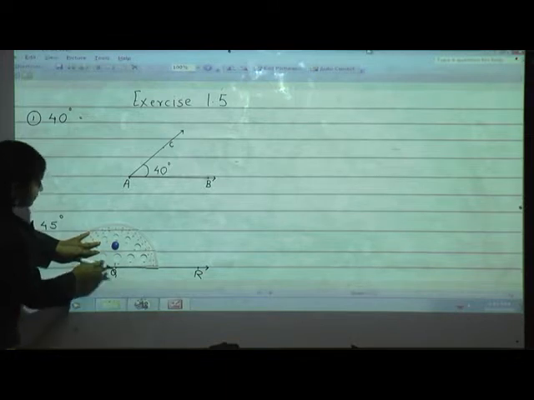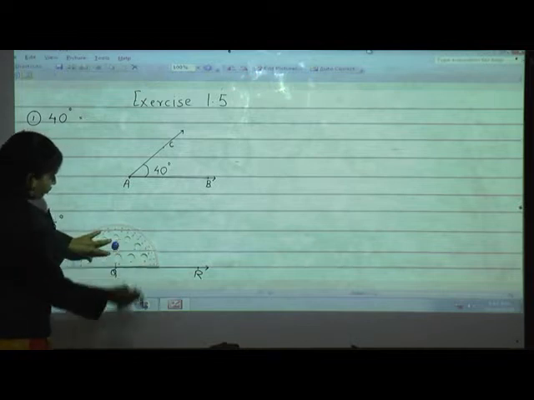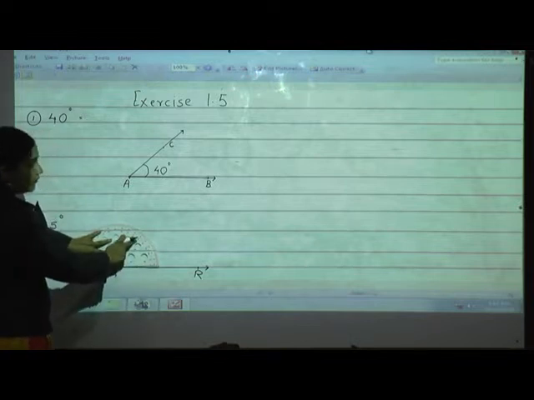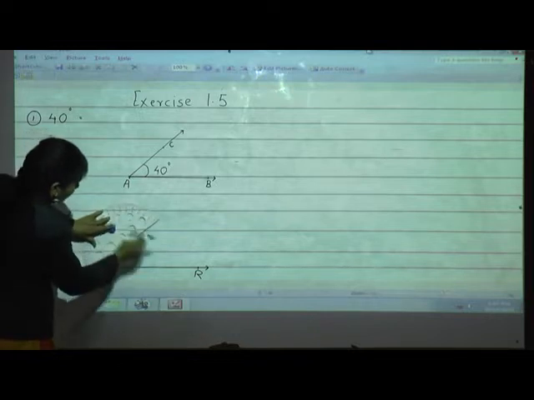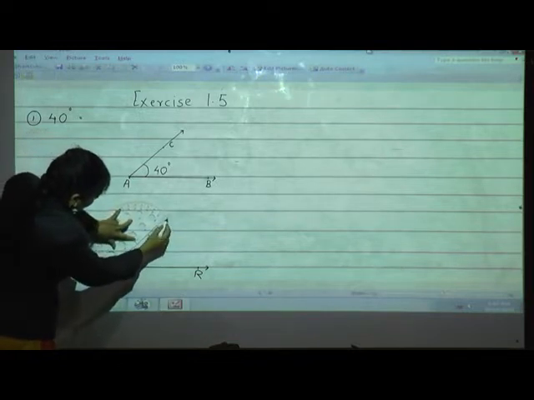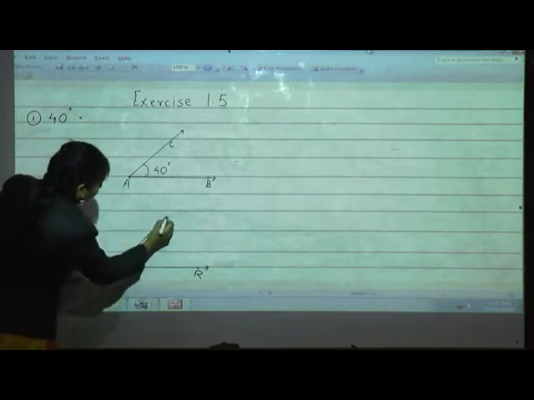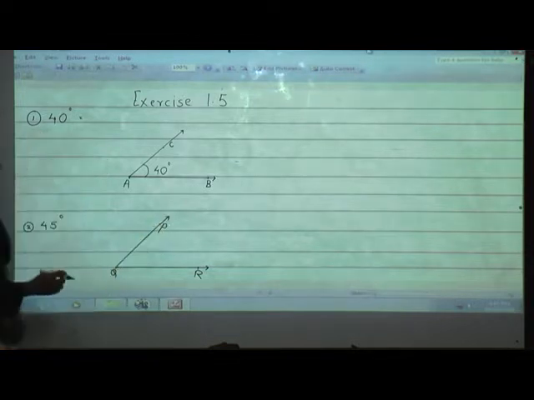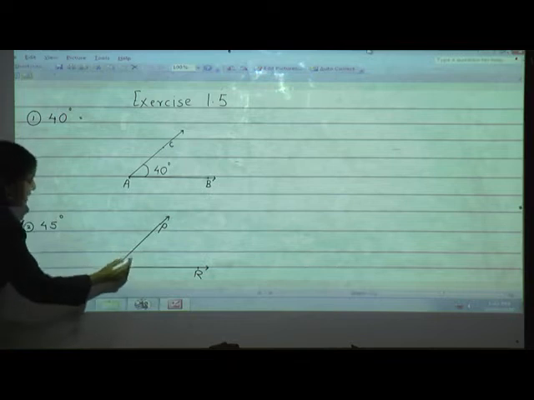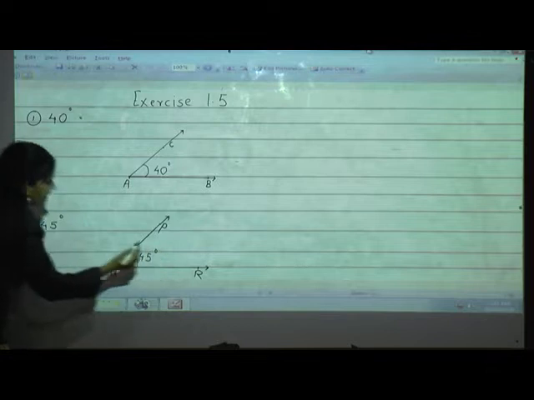Then just make a point on 45 degrees. It is between 40 and 50. See, here it is. Again, join the ray, draw a ray here, P. The measure of angle PQR is equal to 45 degrees.